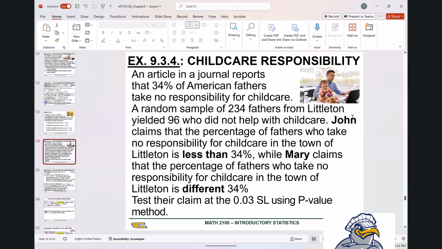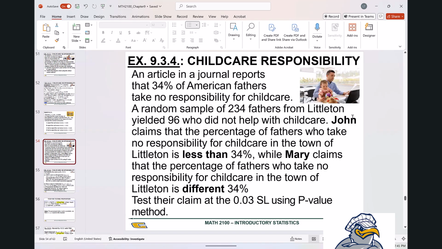So now let us look at the child care responsibility example, but now we're looking from a different perspective. The same problem, the same data, but John believes that in the little town it's better, so the percentage of fathers who take no responsibility in child care in the town is less than 34%.